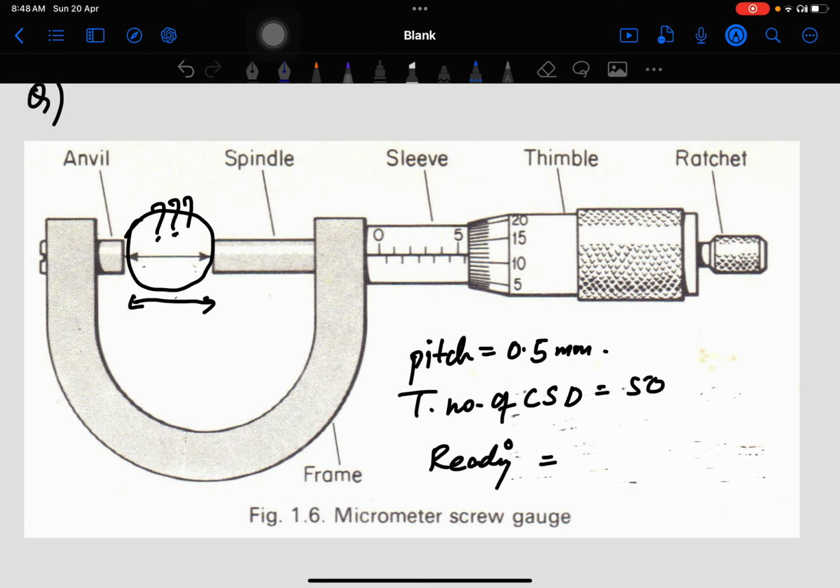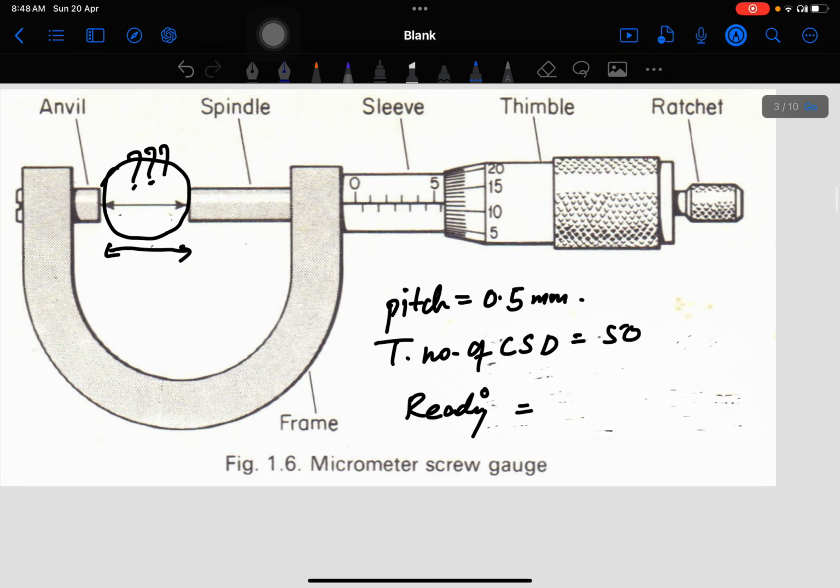Okay, so therefore, let's go to the solution now. Now, reading is nothing but the main scale reading plus the circular scale reading, right?